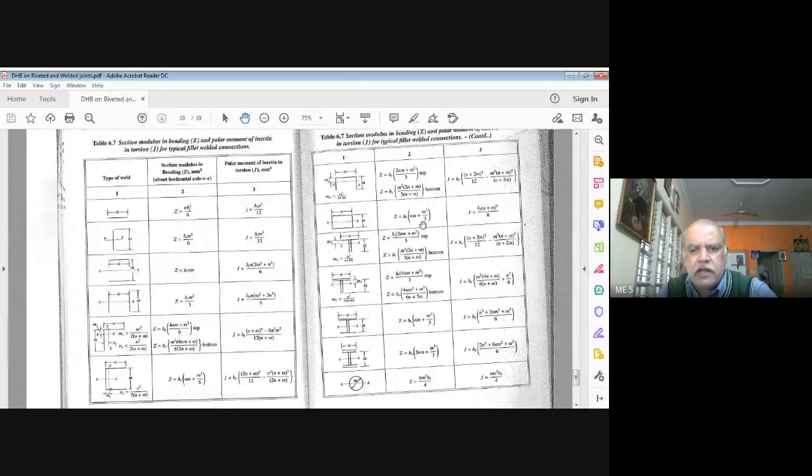So for a given welded joint, we need to find out section modulus both for the top layer and the bottom layer, and choose the smaller of these two values for further calculations. Are you clear now?